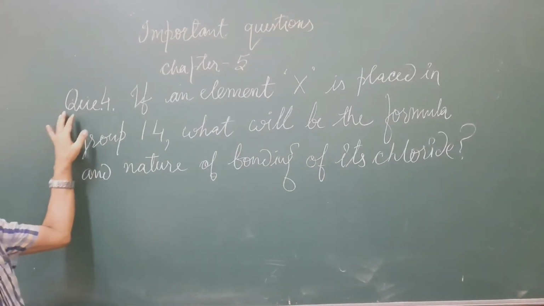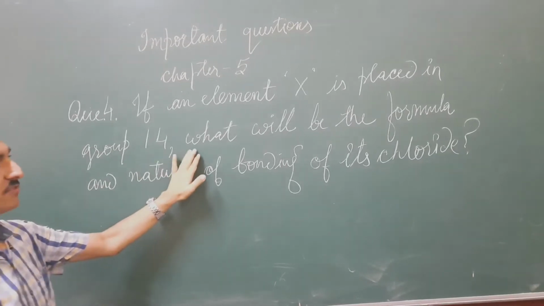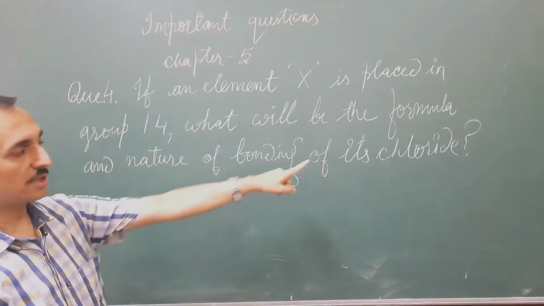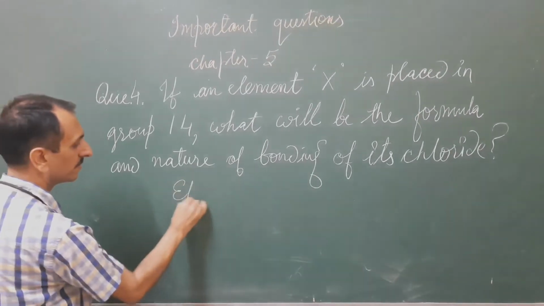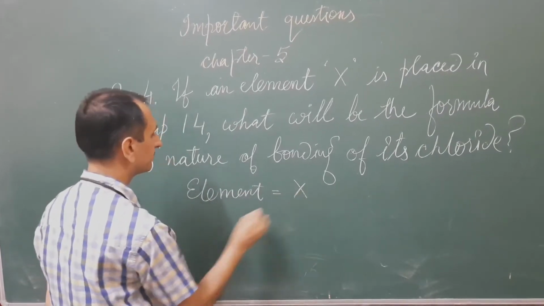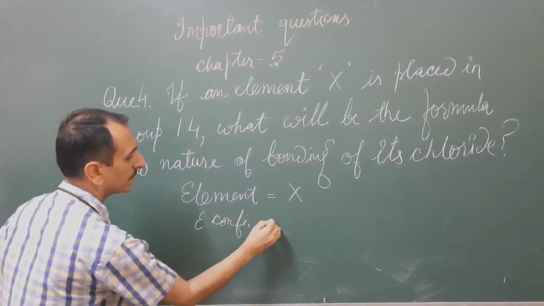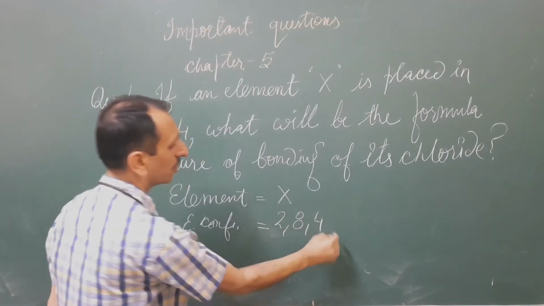Fourth question. If an element X is placed in group 14, what will be the formula and nature of the bonding of its chloride? Element is X. Electronic configuration is 2,8,4. Why?